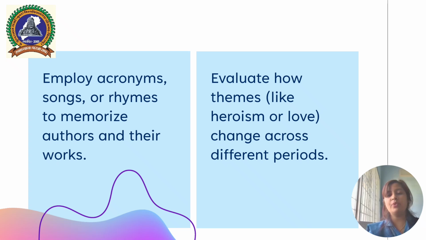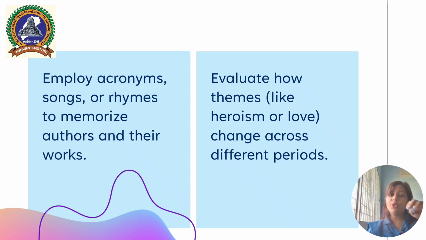Lastly, you can evaluate themes. There are so many themes that are used in English literature. Themes like heroism or love, good versus evil, power, corruption, and survival, which change across different periods.